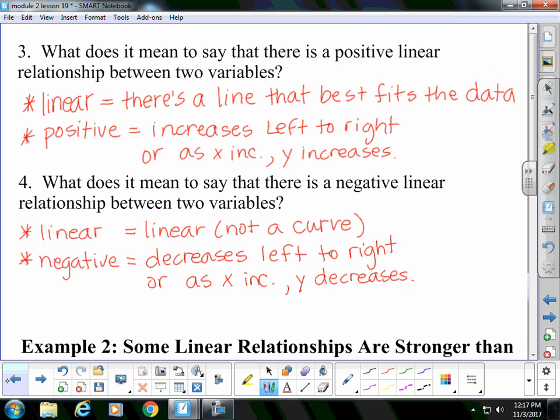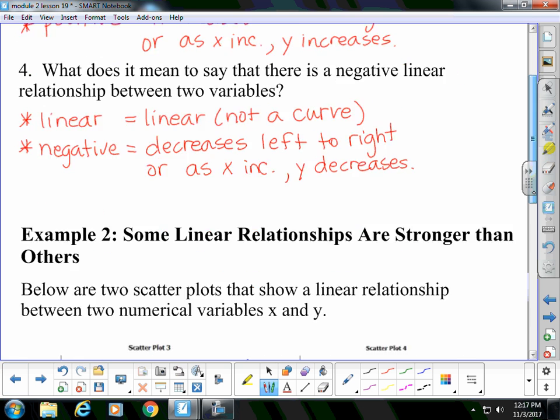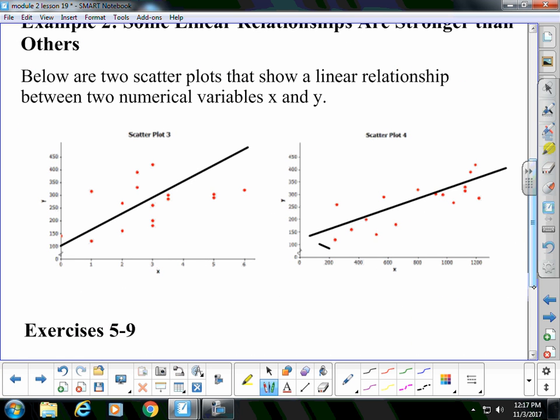If you look back at those again, why do you think that 3 is weaker than scatter plot 4? If you're thinking to yourself because the points are more spread out away from the line, then you are correct.